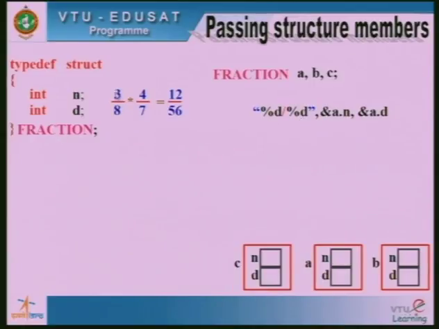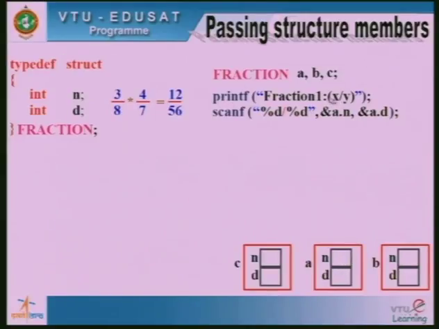So, if I want to read 3 and 8, 3 can be copied into A dot n, 8 can be copied into A dot d. So, to read 3/8 from the keyboard, what is the statement I should use here? Scanf. Now, normally before this we display a message, say fraction x divided by y. Now, look here, what is the message I get?